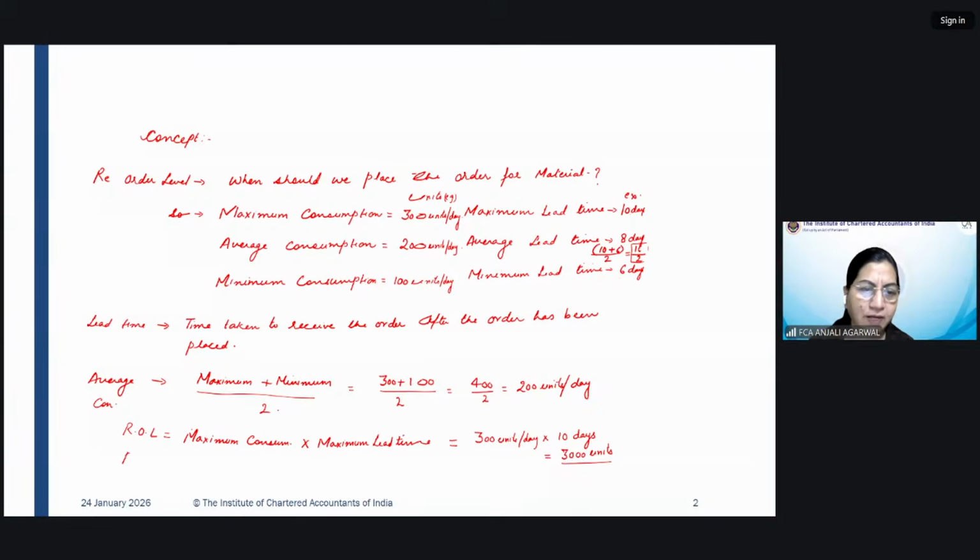There is also another formula for calculating the reorder level, and that is if you have some safety stock with you. In that scenario, you may also go with average consumption multiplied by average lead time.